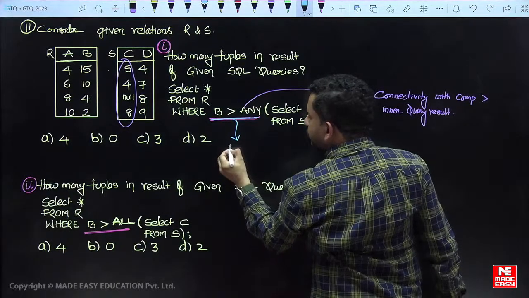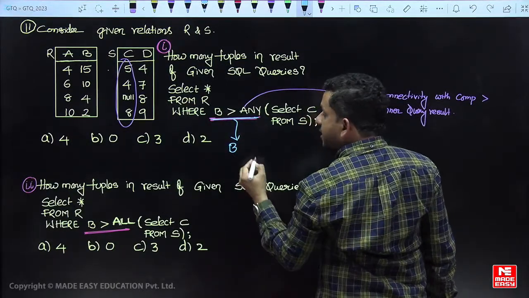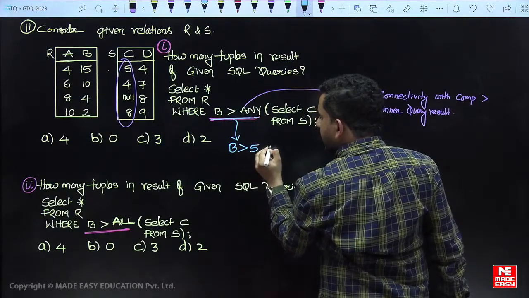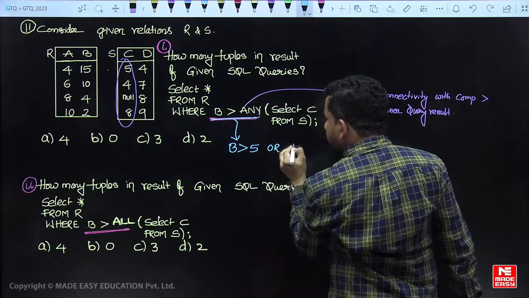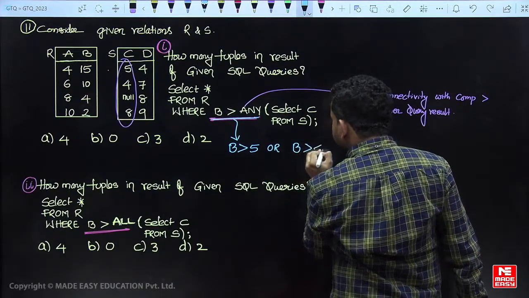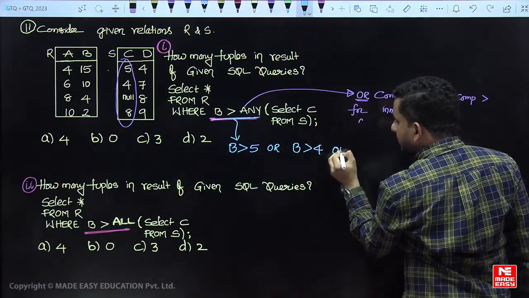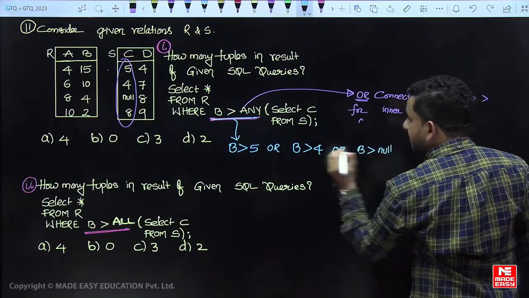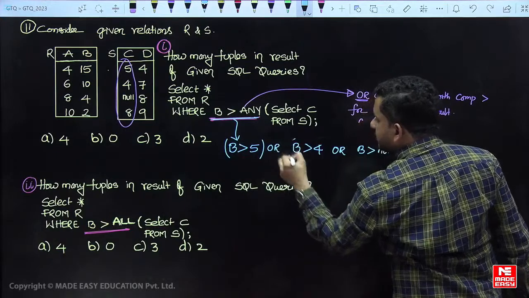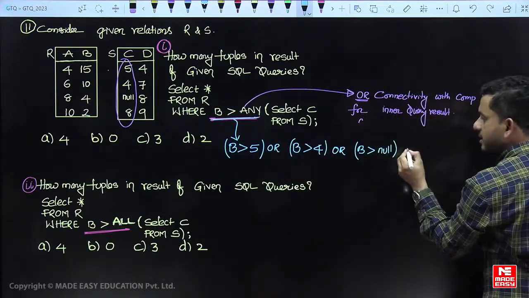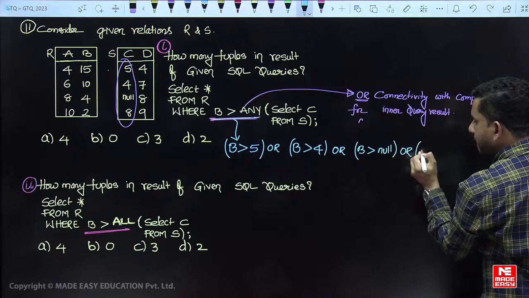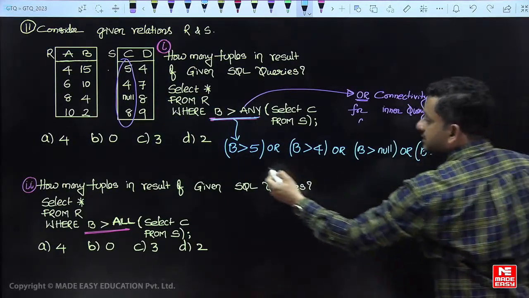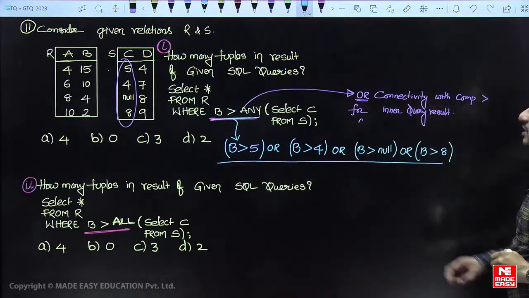So the B value, one of the record's attribute values, is greater than 5, OR B value is greater than 4, OR B value is greater than null, OR B value is greater than 8. This is the comparison tested by the where clause.